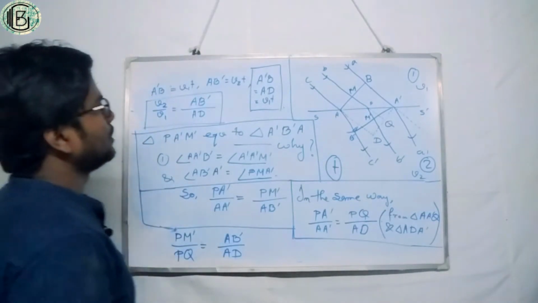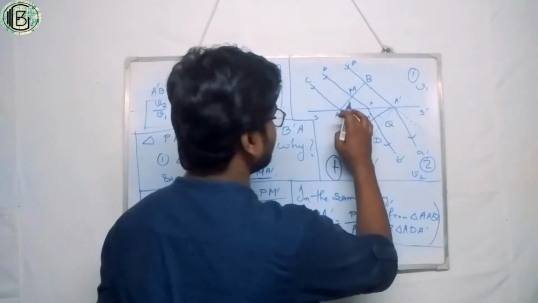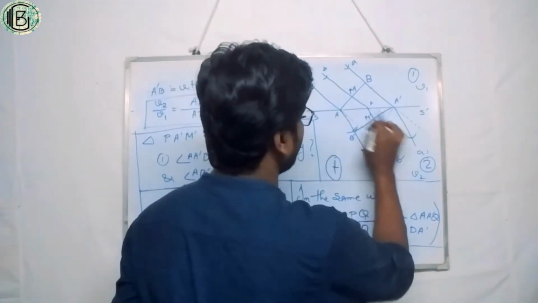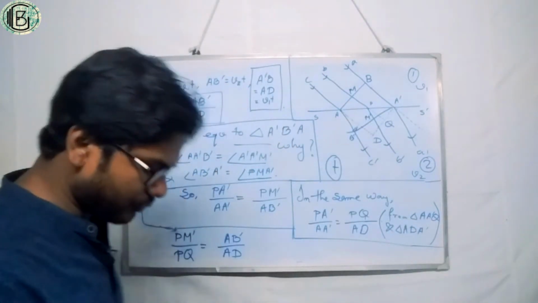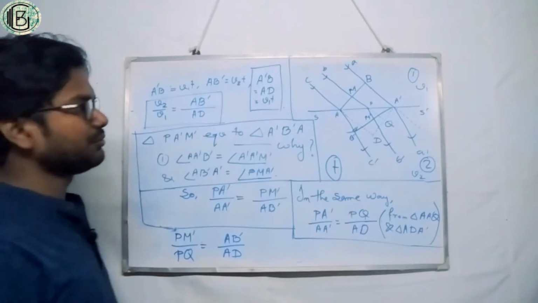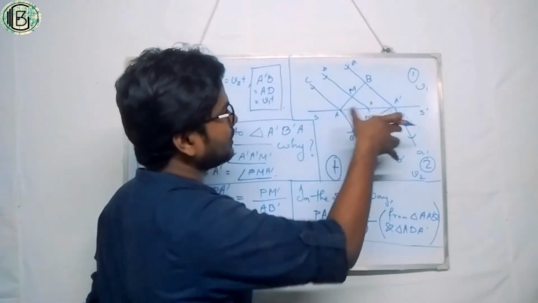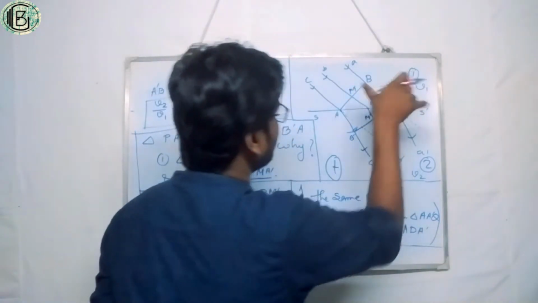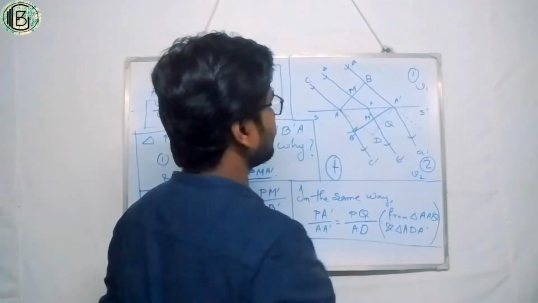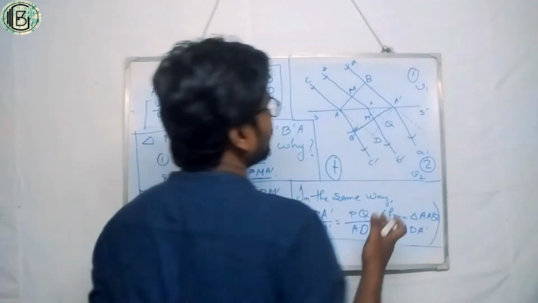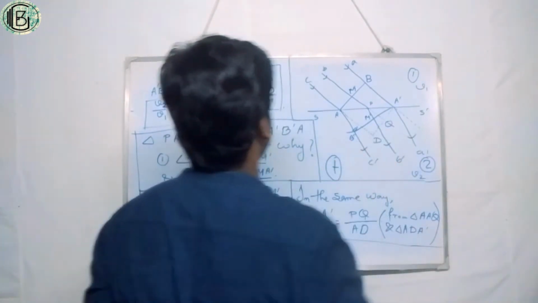Now, we will draw the diagram. That means we have extrapolated that portion AD and PQ. Now, AD or PQ is extrapolated in such a way that this AD is parallel to BA prime, and the same for PQ, and we have joined the D and A prime.